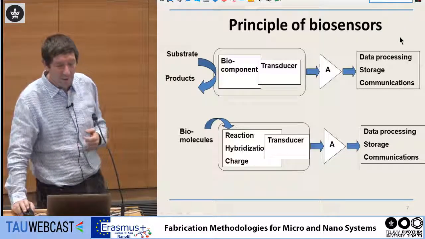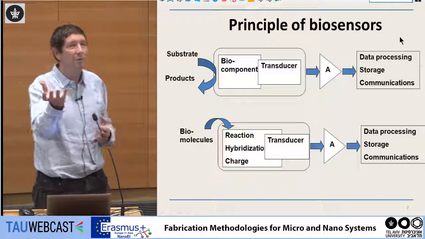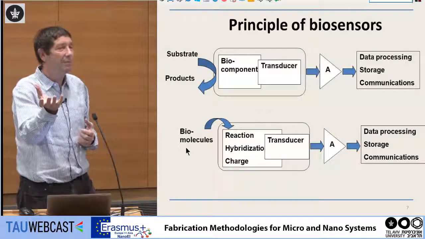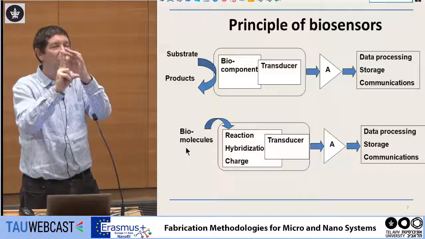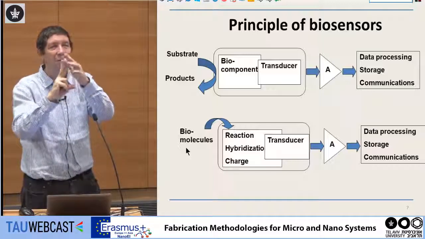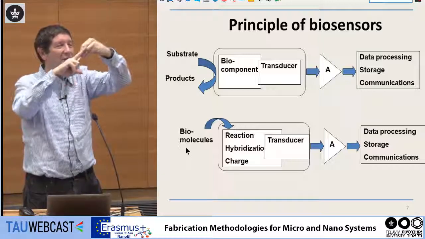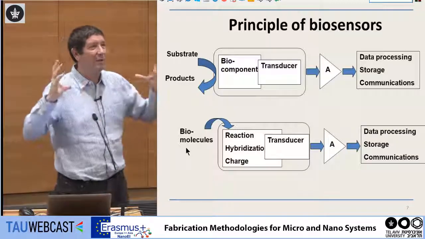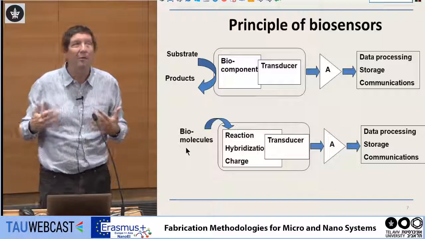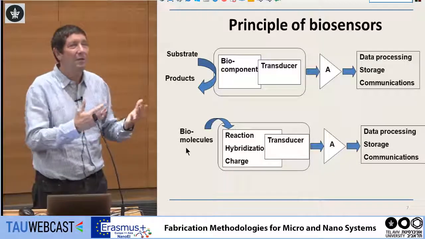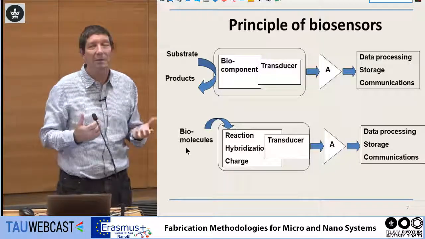The second option is I take a biomolecule, like an antibody. An antibody typically is made of a structure with two horns. So when it catches the antigen, I have a detection. This is, for example, how our body identifies components. It's called the antibody-antigen reaction.